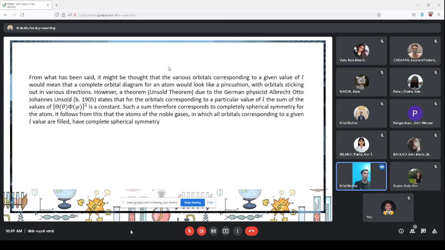Such a sum therefore corresponds to complete spherical symmetry for the atoms. It follows that the atoms of the noble gases, in which all the orbitals corresponding to a given L value are filled, have complete spherical symmetry. So what it wants to say is that it is summed up, so that we are given a complete spherical shape for an atom. So that's the Unsöld theorem.